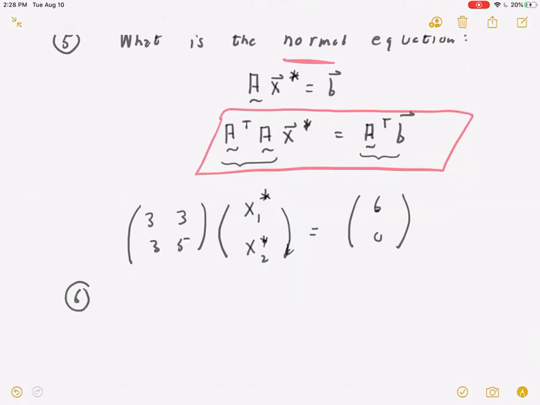We want to find these unknowns, X sub 1 asterisk and X sub 2 asterisk. So solve for X sub 1 asterisk and X sub 2 asterisk using Gauss-Jordan elimination.